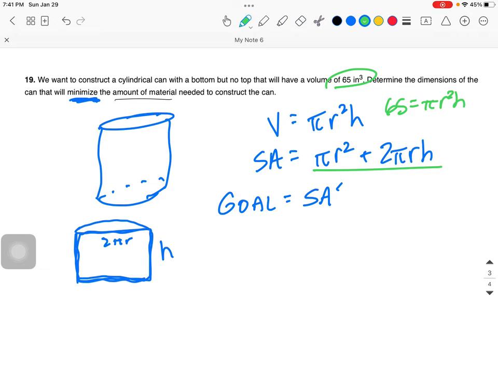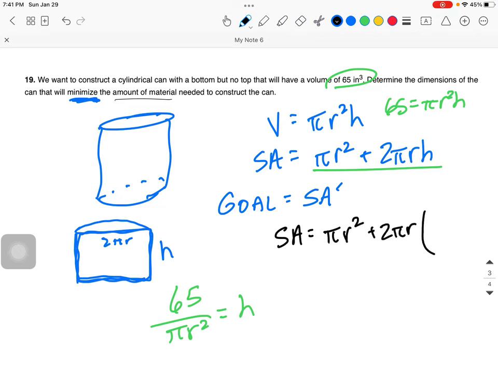And so again, if I set this up, I could say that 65 divided by pi r squared is h. And now I could say that SA, again, that's my abbreviation for surface area, that's what we're trying to minimize, is going to be pi r squared plus 2 pi r h, but h is 65 over pi r squared.